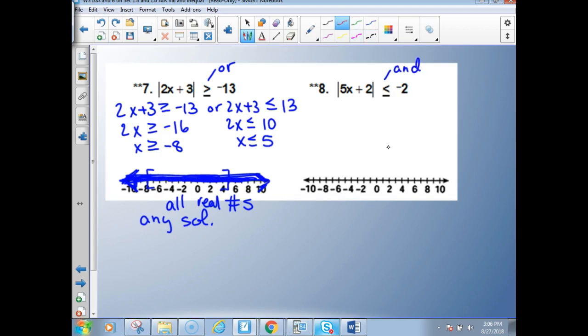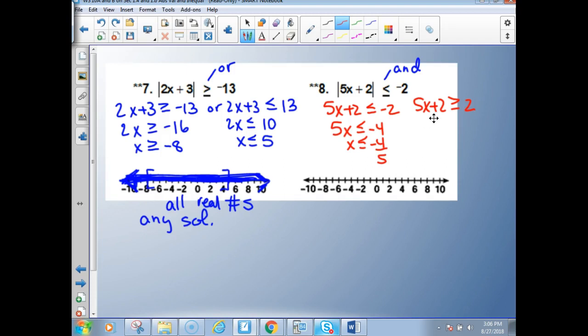Say you didn't notice that right away. 5 times x plus 2 is less than or equal to negative 2. 5 times x plus 2 is greater than or equal to positive 2 would be your equations. Subtracting 2 will give you negative 4. Dividing by 5 would give you negative 4/5.